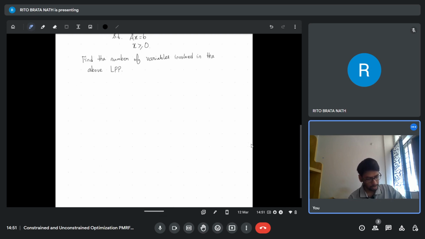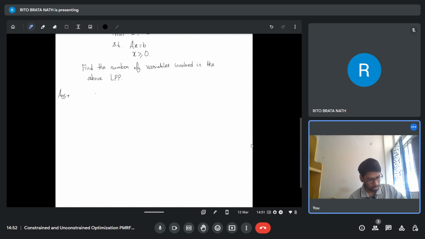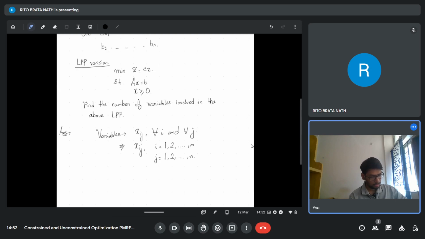Now let me solve this. What you can notice here is that the variables you have are x_ij for all i and for all j, where i goes from 1 to m and j goes from 1 to n.